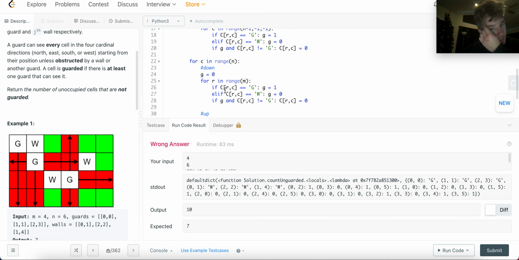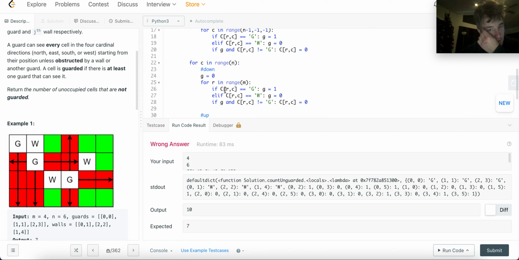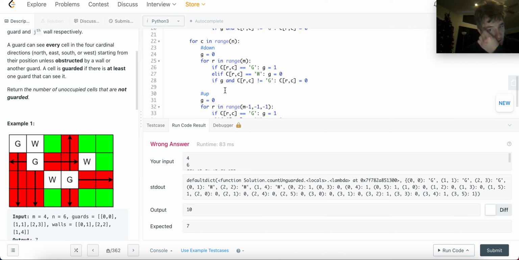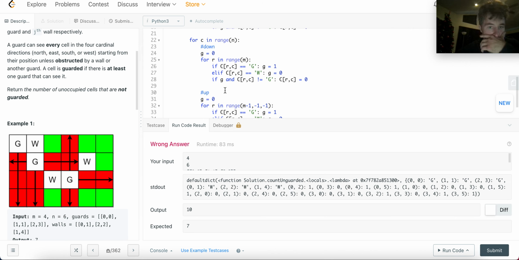So down direction doesn't seem to be working. Are all the walls still intact?